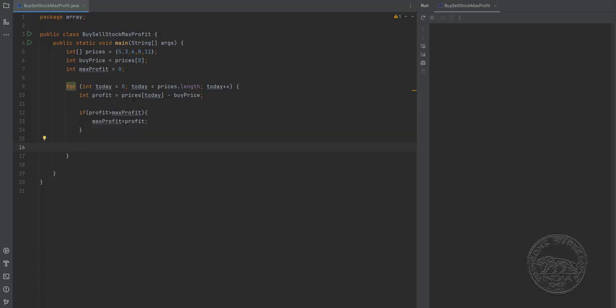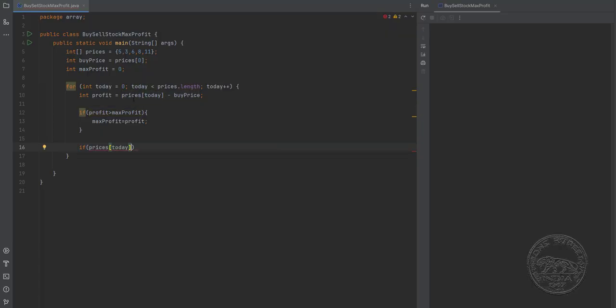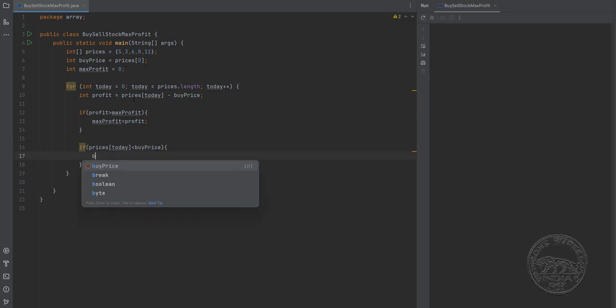Now to make a profit, you need to buy at a lesser price. So let's see if the price today was less than your buy price. Yes, we are going to set the buy price as price of today.